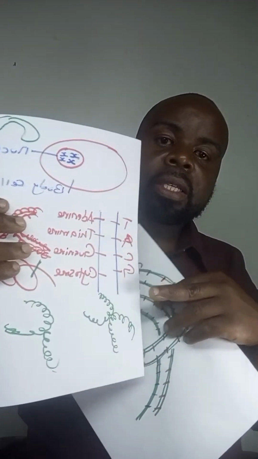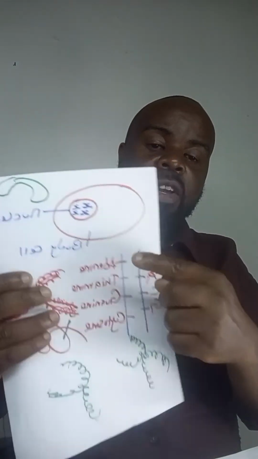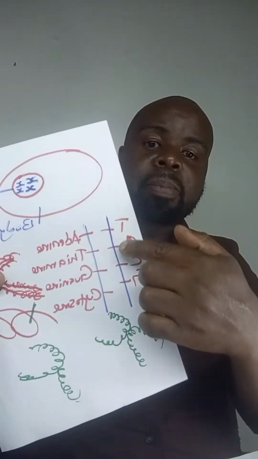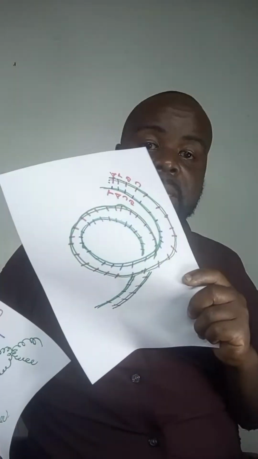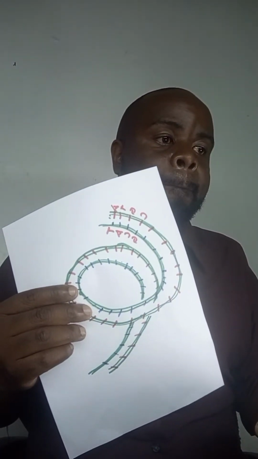If I've expanded it to this part, this is a chromosome, the X's that you are seeing here. So I've cut apart and explained this. Now I've taken this and I'm expanding it to this. Your DNA is this sequence. This is your DNA now. This is what is called your DNA.